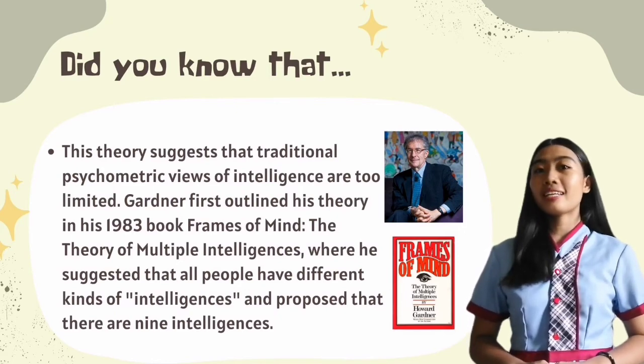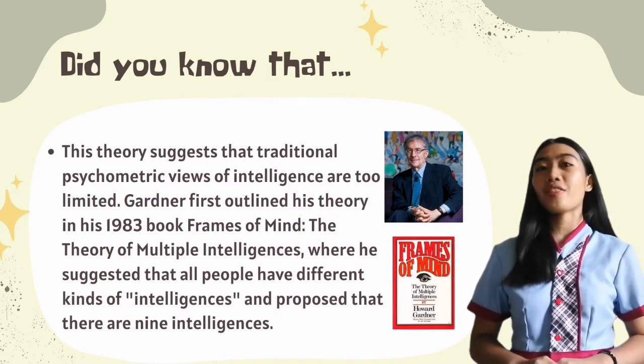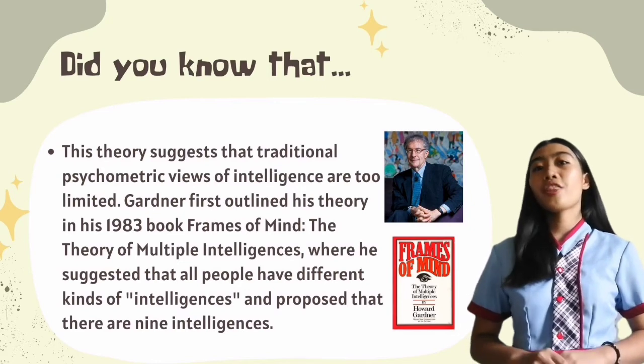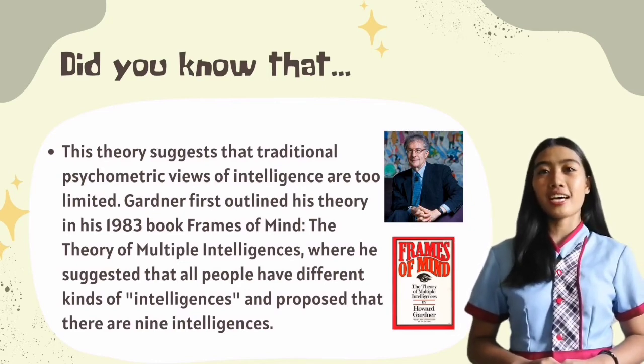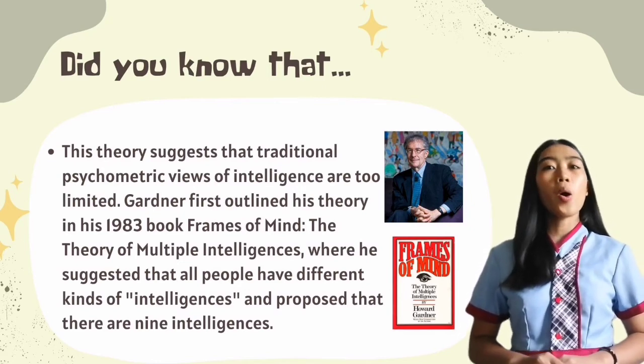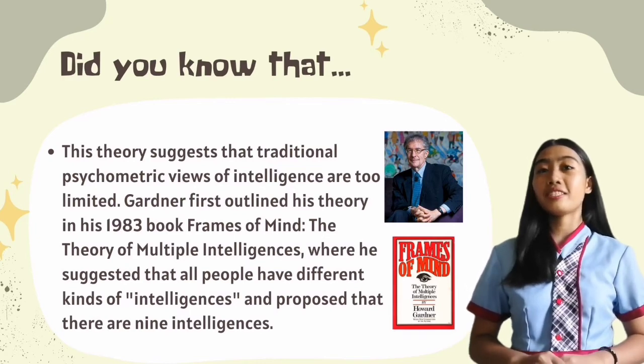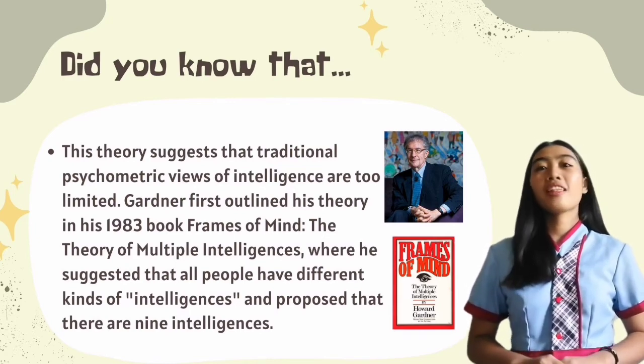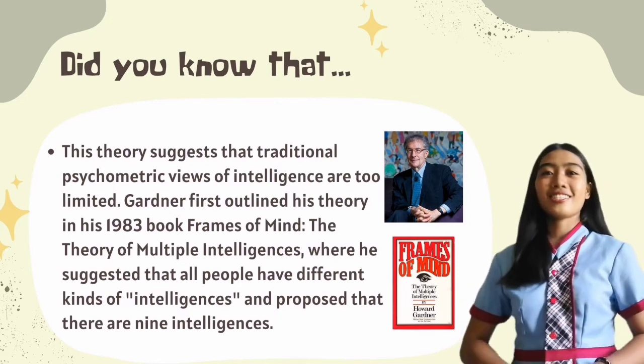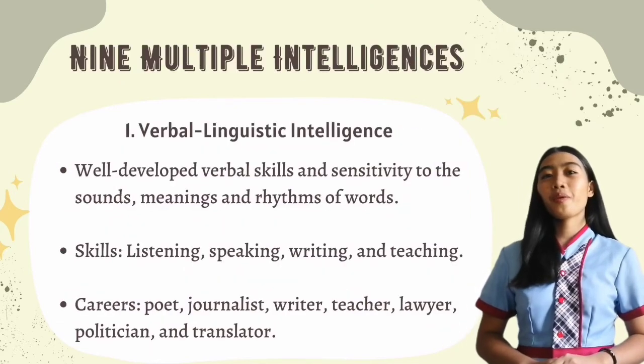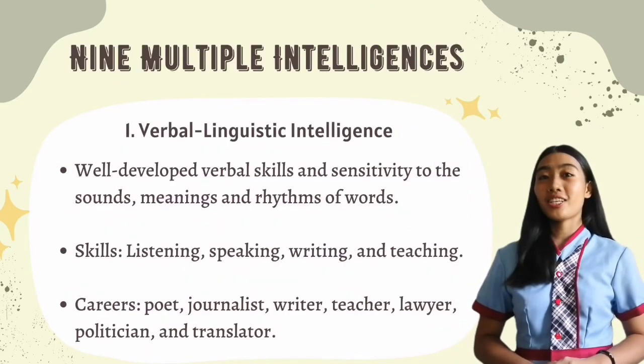Gardner first outlined his theory in his 1983 book Frames of Mind: The Theory of Multiple Intelligences, where he suggested that all people have different kinds of intelligences and proposed that there are 9 intelligences. Let us start with verbal-linguistic intelligence.